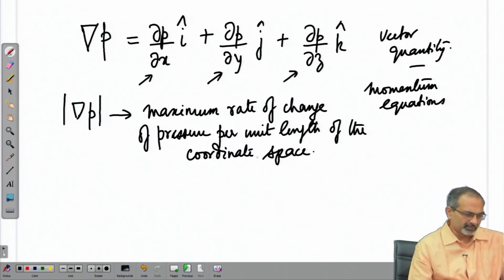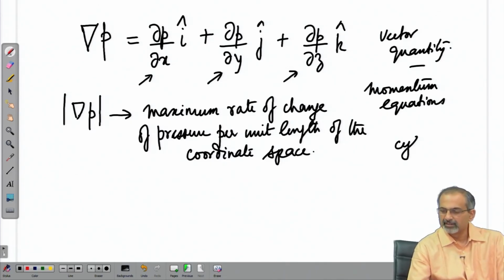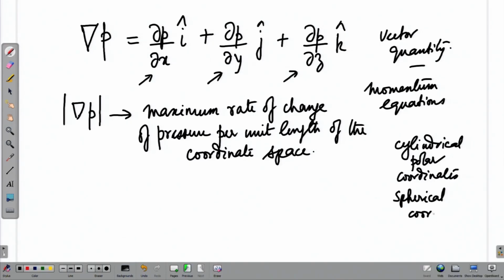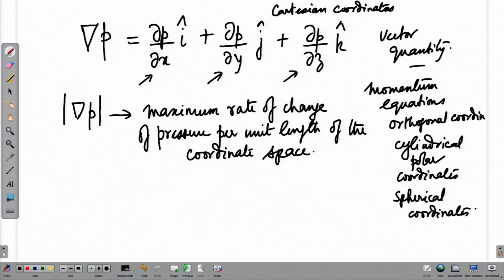You could have other orthogonal coordinate systems as well, like say cylindrical polar coordinates or spherical coordinates. In this case, we are mostly discussing Cartesian coordinates. So, these are all examples of orthogonal coordinate systems.